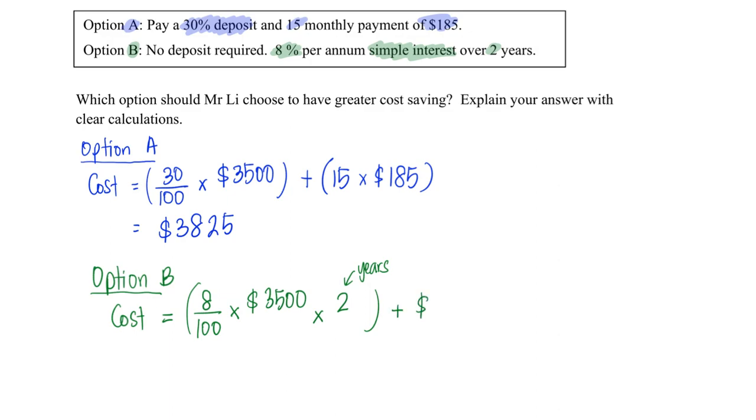Of course, he still has to pay the $3,500. And this will give me $4,060.